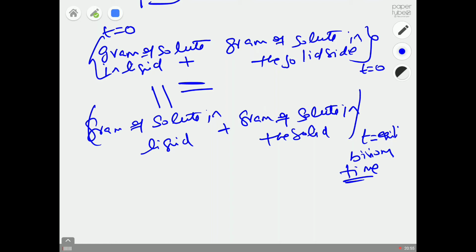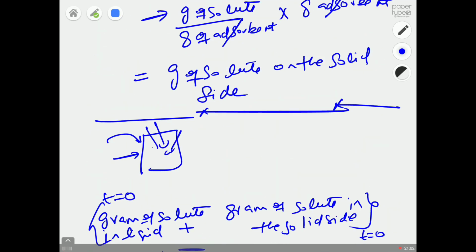So why is that? Because we know that we cannot destroy the mass. Whatever mass goes inside the reactor is going to stay inside, because nothing is going to get evaporated or vaporized. So if you started with, say, 3 grams in total, even at equilibrium you will have 3 grams of mass inside.